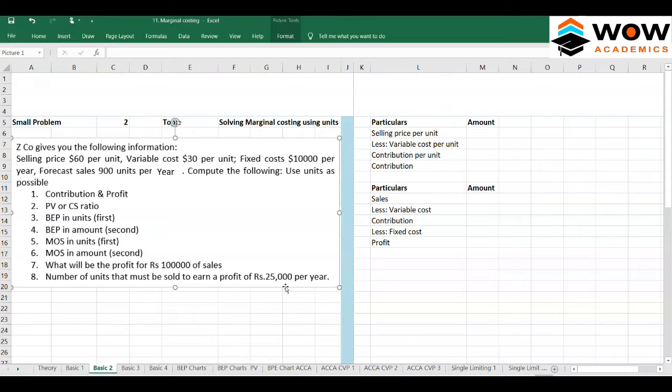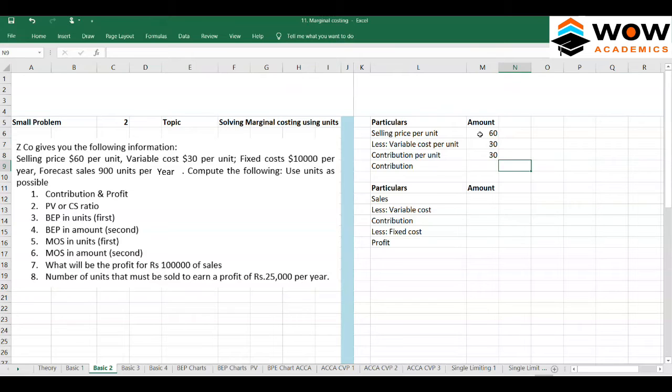Let's get the answers for this. We can work out in both ways. We'll work out actually in per unit itself. Selling price is 60, variable cost is 30, contribution per unit is 30.